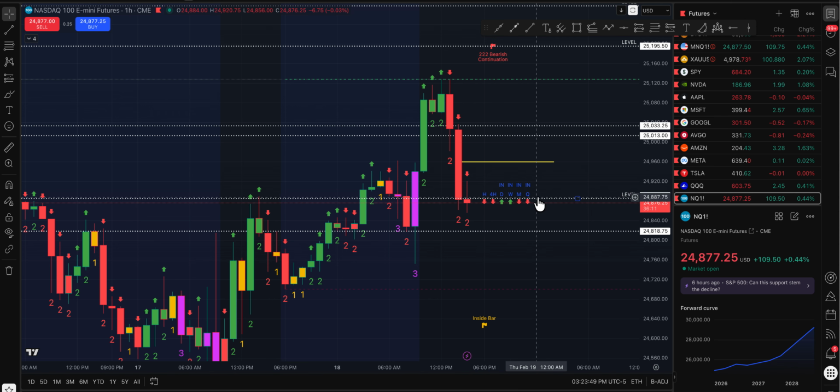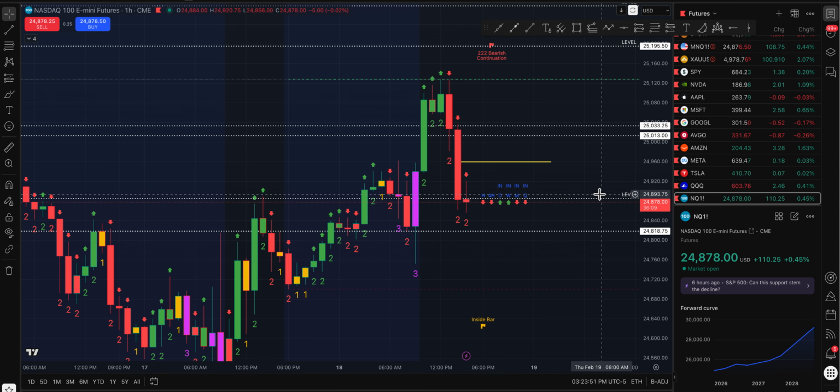Okay, so if it breaks above here, you all, I'm getting out. I'm just gonna look at this. If it breaks above that line, I no longer want to be in this trade. No longer.